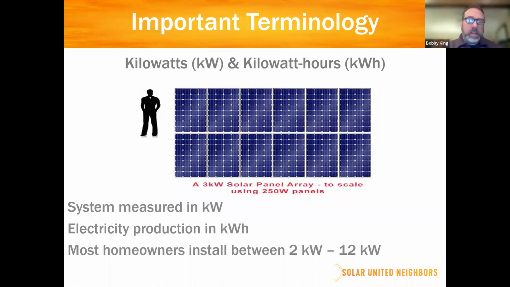And the amount of kilowatt hours, of course, will depend on how much shade the panels are getting, how directly they face the sun, and some other things. But those two numbers will be important for you to look at on your proposal: the size of the system in kilowatts, and then the estimate of how many kilowatt hours a year it will produce.